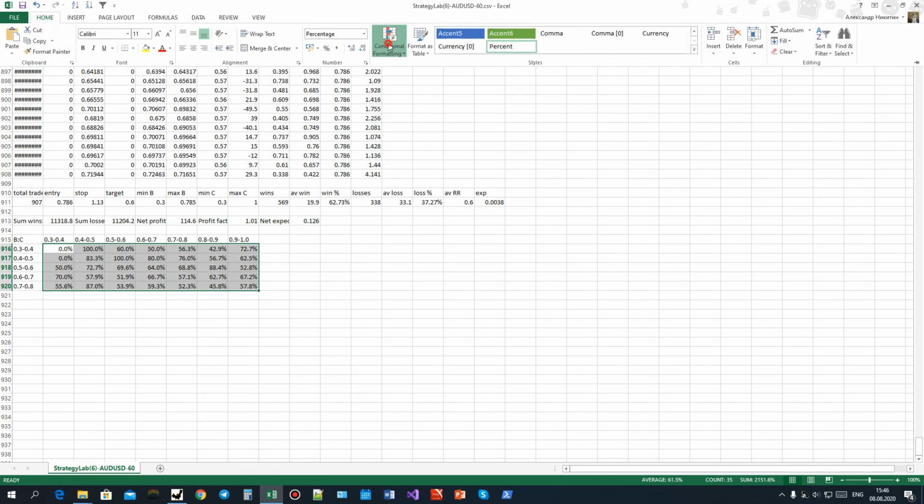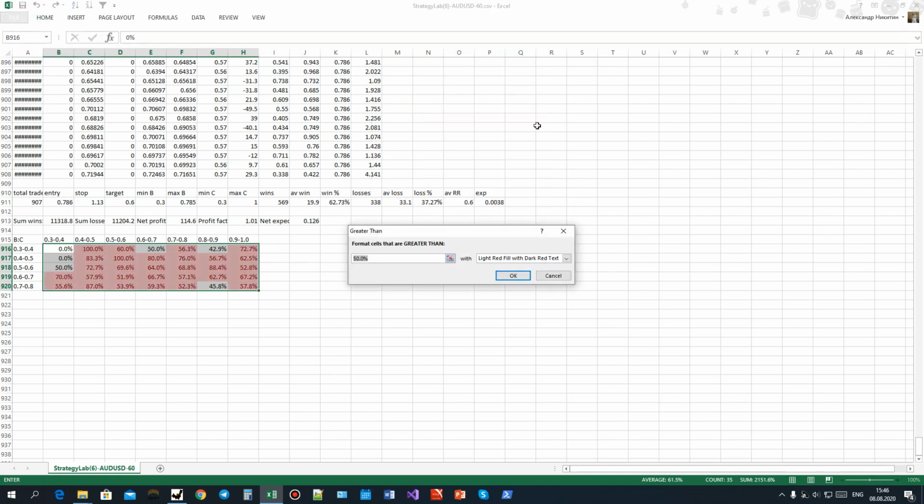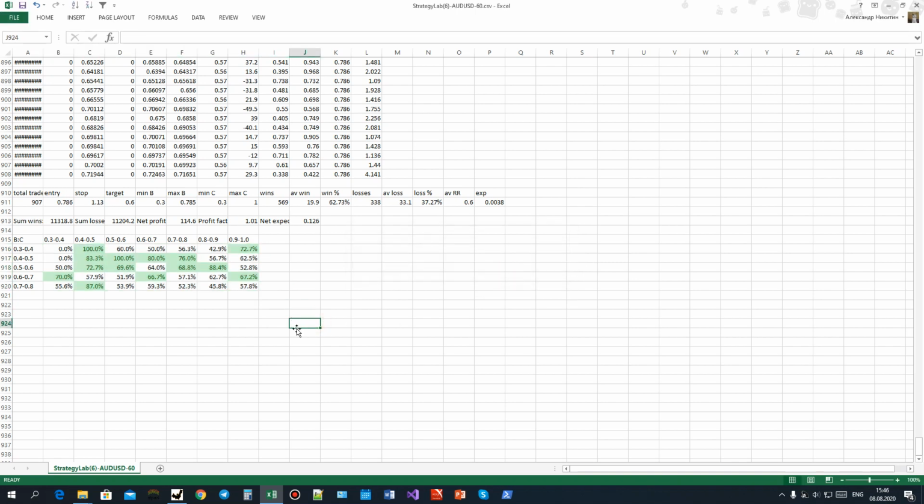Okay, go to conditional formatting. 65 is the breakpoint, and here are they. Aussie dollar looks like we have more pattern variations that are profitable, yes. So we have 0.425 of B point and 0.4 to 0.8 of the C point. So we also have this, we also have that.